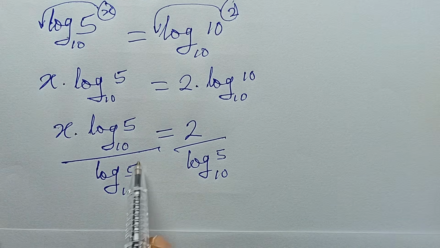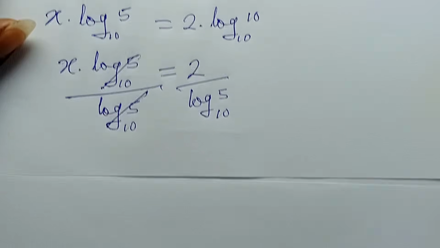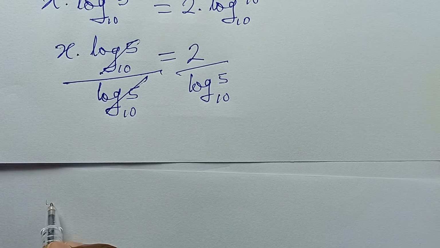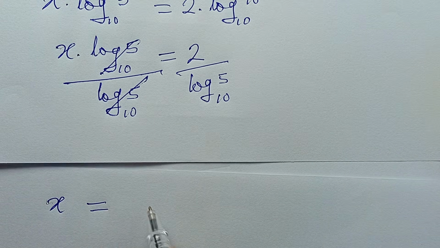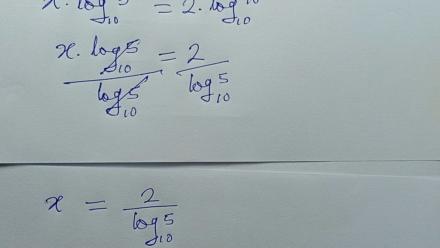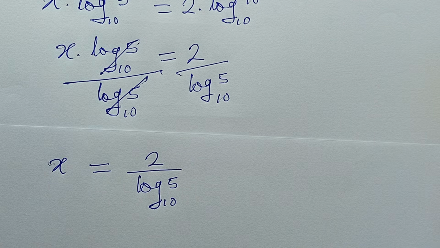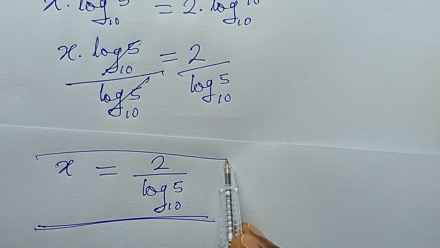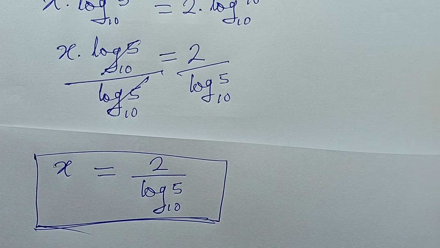So this and this will leave. So we now have x is equal to 2 all over log 5 base 10. So this is the value of your x that satisfies the original equation.